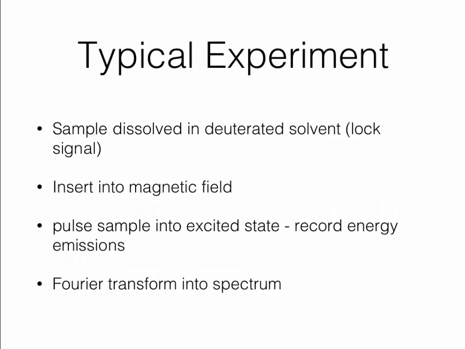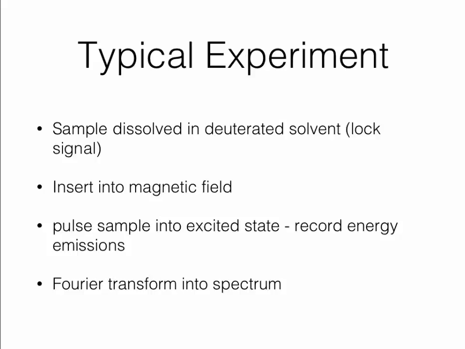So in a typical experiment, the sample's dissolved in a deuterated solvent. Why a deuterated solvent? Because you're going to take lots and lots of scans, and you don't want your magnetic field to drift. And so you take the frequency of your deuterated solvent and lock that and use feedback electronics so that the magnetic field does not drift during the lifetime of the experiment, which in some cases could even be several days.